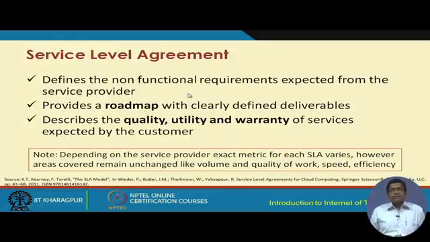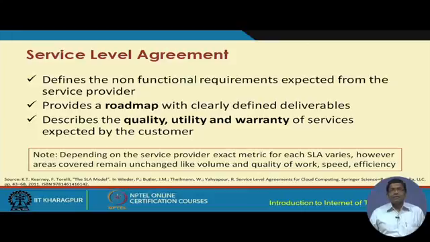So, what is this service level agreement? A service level agreement, as per definition, is about non-functional requirements that are expected from the service provider, more specifically the cloud service provider. In the industry it is known as SLA. This SLA is required to provide a roadmap with clearly defined deliverables.